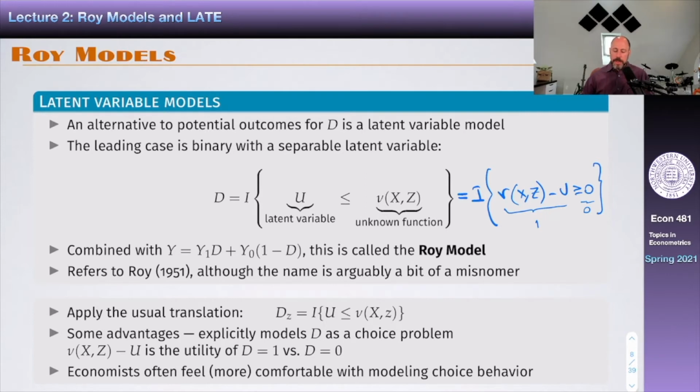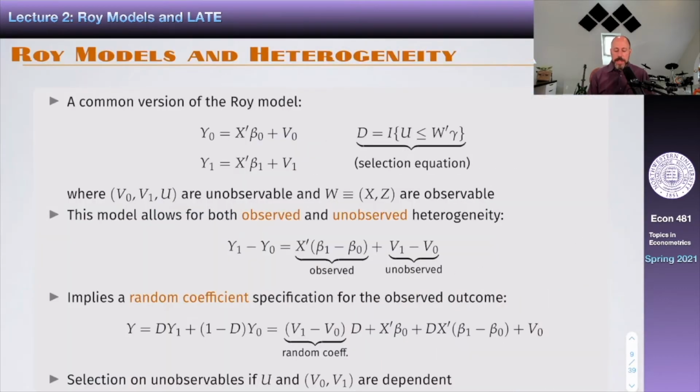All right. So a common version of this model, you can by now say maybe an old version, but still a traditional common version, is to do the following. You're just going to let the potential outcomes be linear in the x's. Okay, Y0 is just going to be linear in x, with a coefficient beta 0 and an unobserved b0, and then Y1 is just going to be the same with ones over here, and then you're going to have the so-called selection equation.